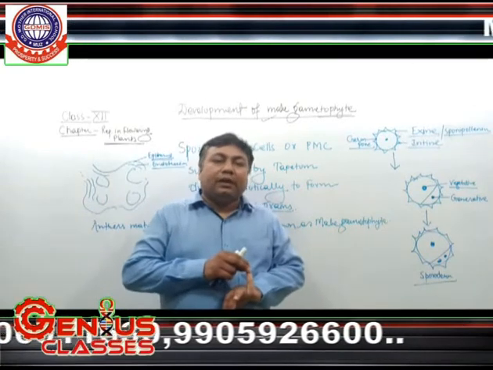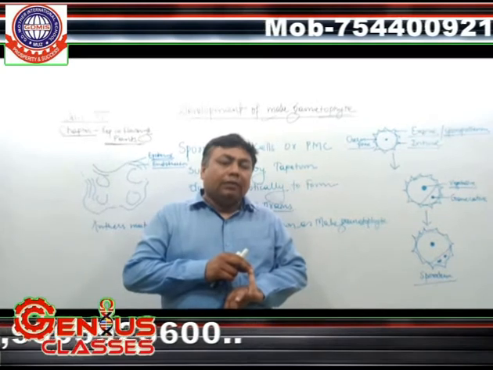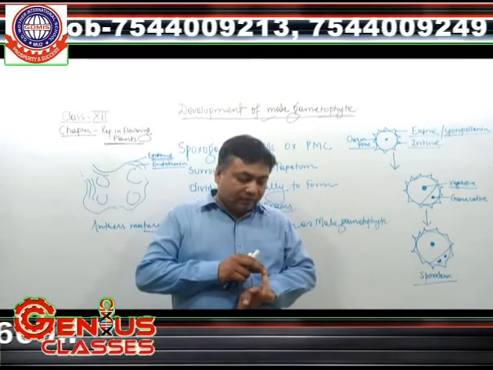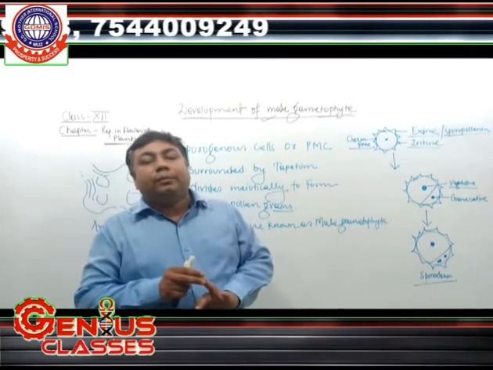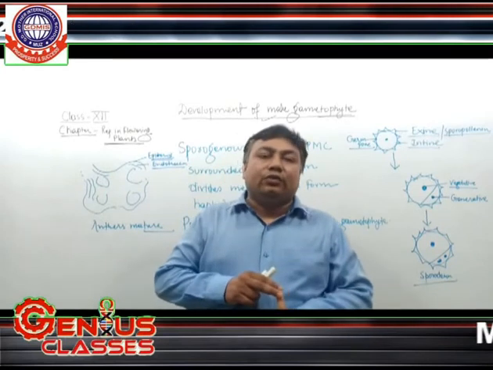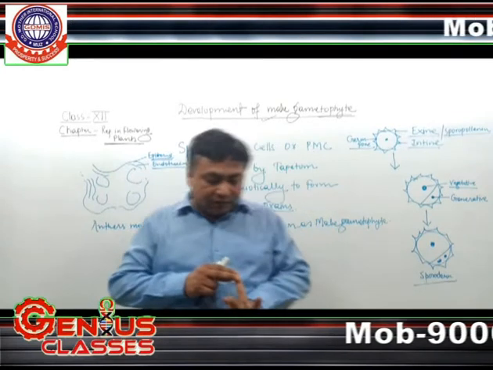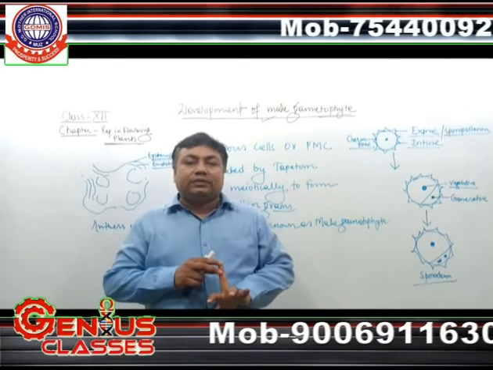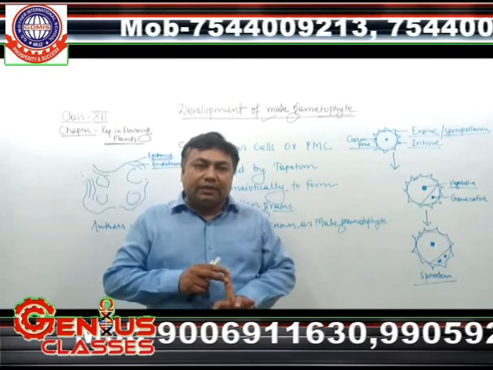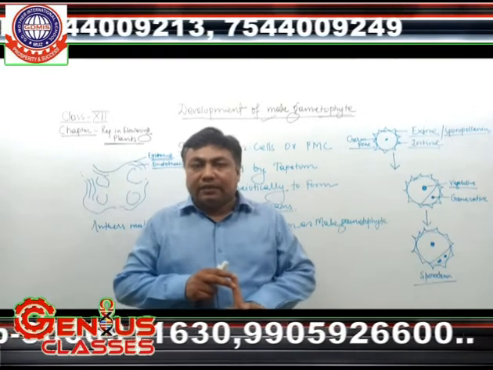Androecium is the male part of a flower. Androecium is made up of individual units known as stamens. A stamen has two parts, filament and anther.